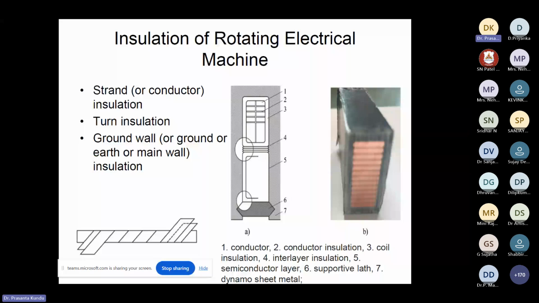In the manufacturing technique it is done with taping. The conductors are stacked together, then the main insulation is made by wrapping different epoxy mica glass fiber based tapes. That is the process used to manufacture it, and it is necessary to understand it for partial discharge. So these are the different insulations. There is the strand insulation.